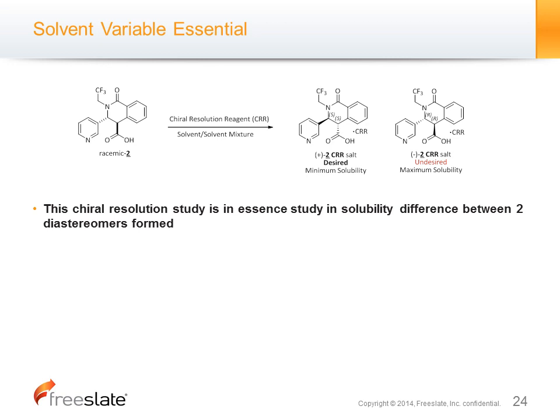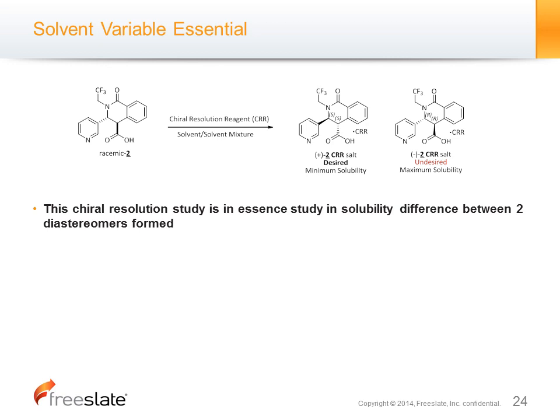So what do we have to do here at Freeslate? In essence, when you do this chiral resolution study, it is actually a solubility study. You're trying to use a particular chiral resolution reagent to make a salt.